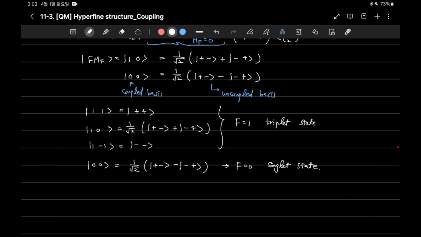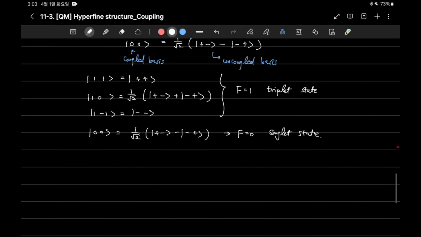So let's go back to the hyperfine Hamiltonian.